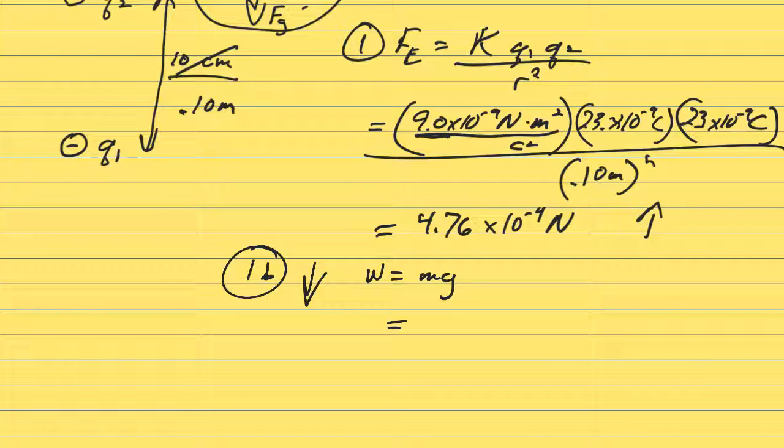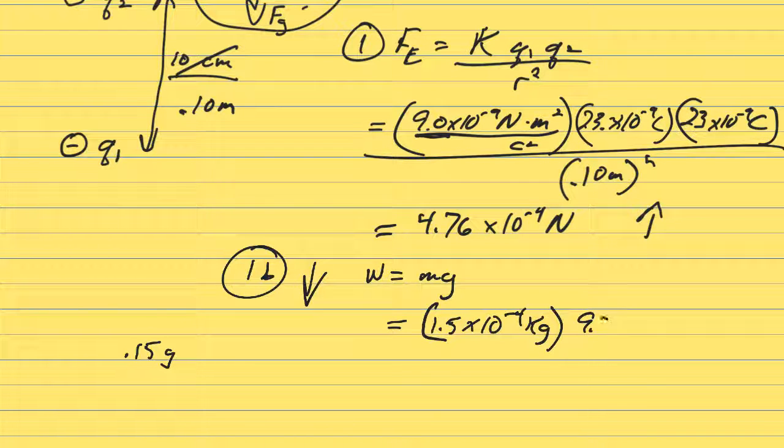So that's a lot of moving. Let's go over here. 0.15 grams. I'm going to have 3 more zeros on there. So 1.5 times 10 to the negative 4th kilograms.